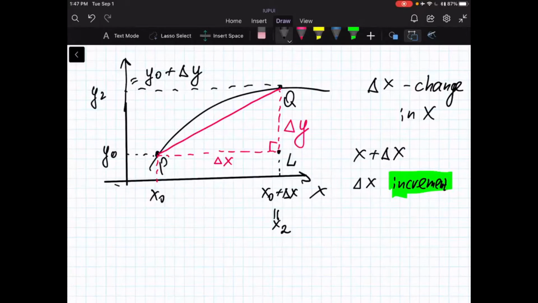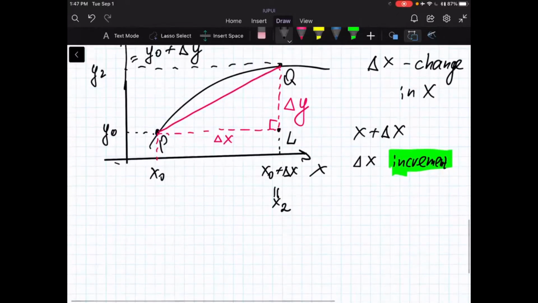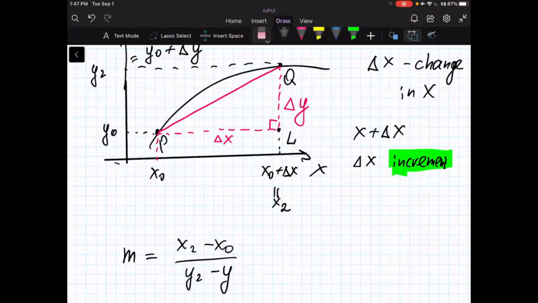Okay, so what can we see? We can see that, again, the slope of our PQ, so what is the slope? It is y2 minus y0 divided by x2 minus x0, right? But what is y2?